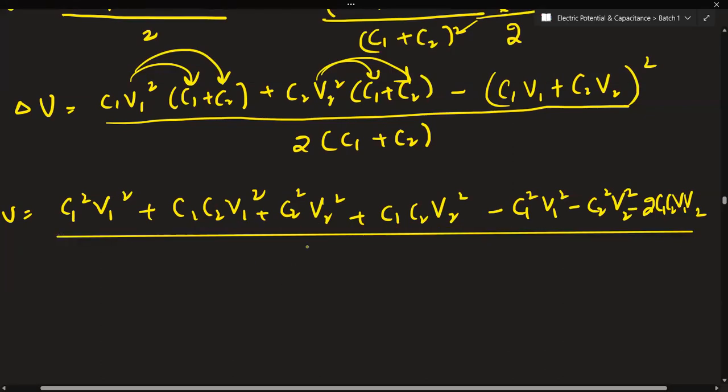This is getting divided by what's there in the denominator, C1 plus C2.